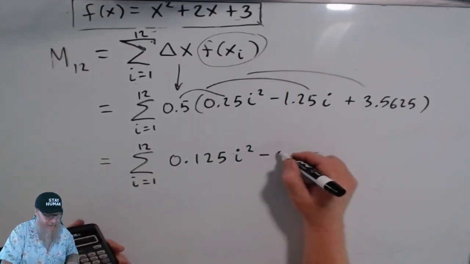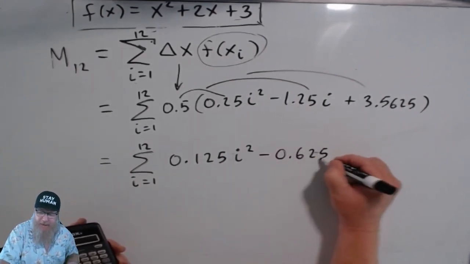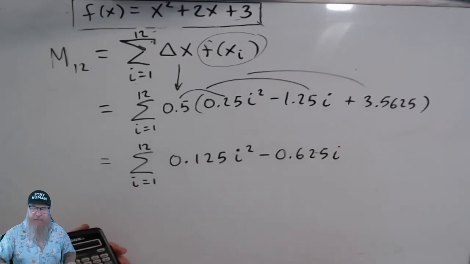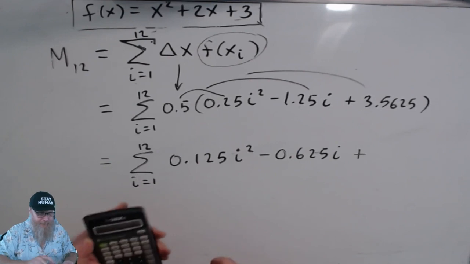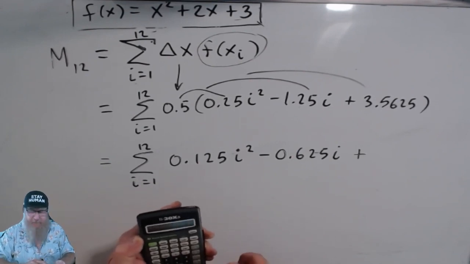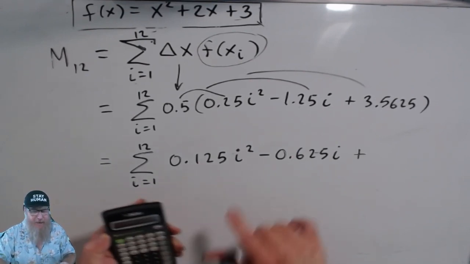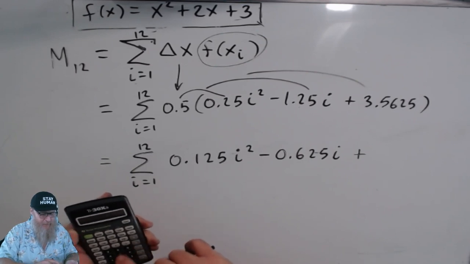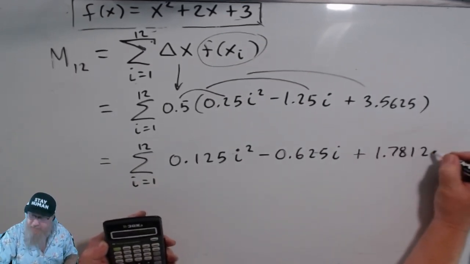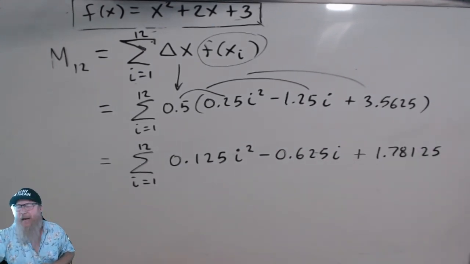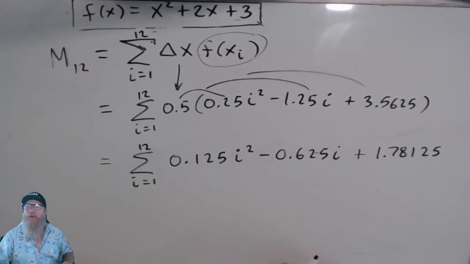Again, it's negative 0.625i. And then plus 3.5625 times 0.5, 1.78125. Yikes. Maybe fractions would have been easier. But we're already halfway through it, or more than halfway through it with just decimals.